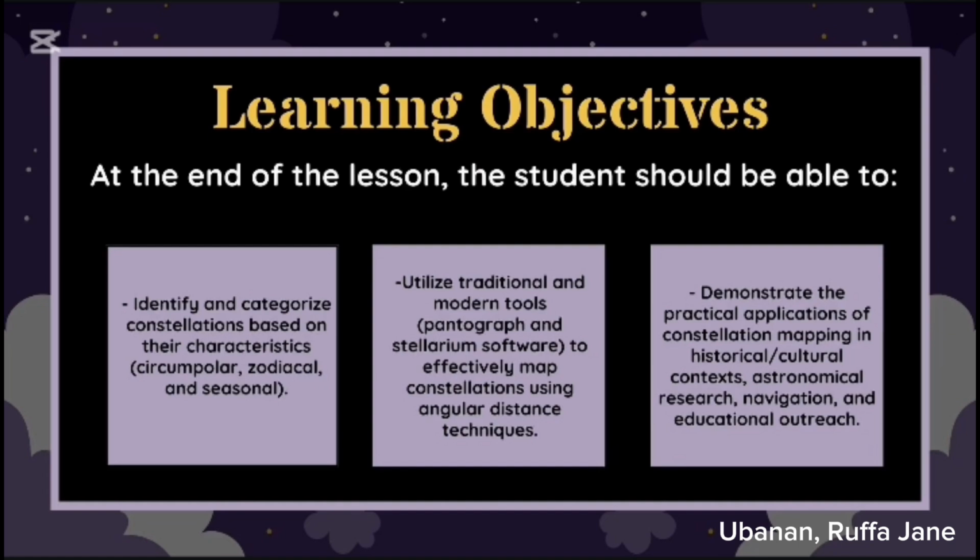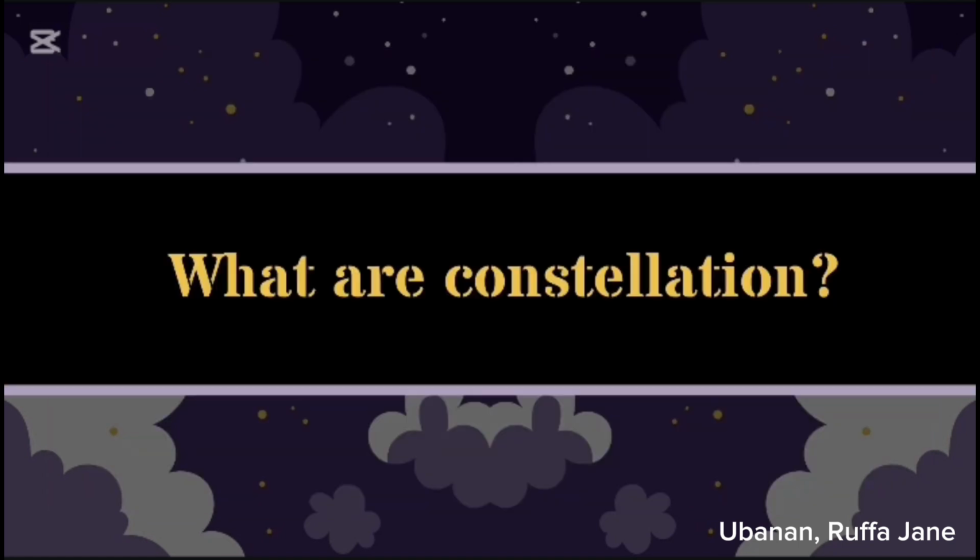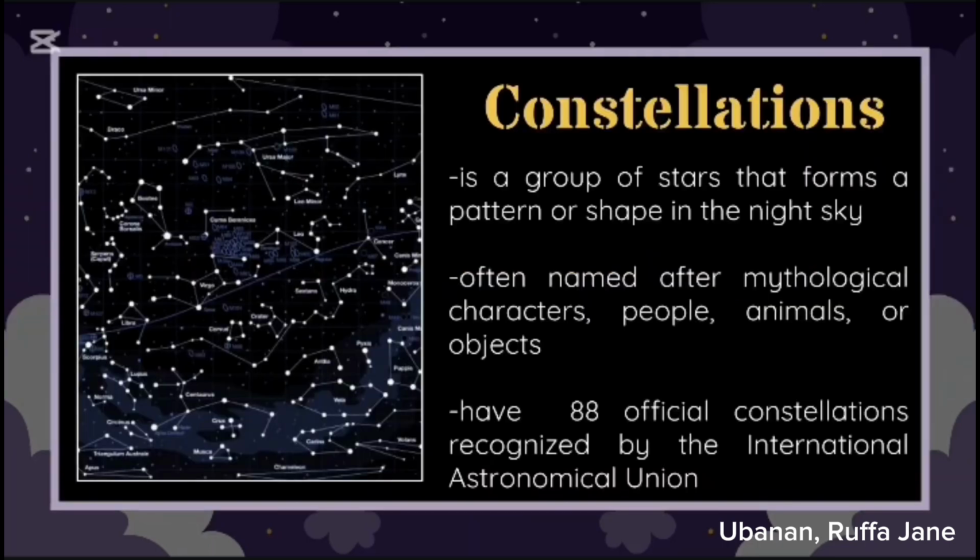Now, I have a question. What are constellations? A constellation is a group of stars that appear to form a pattern or shape in the night sky when viewed from Earth. These patterns are often named after mythological characters, people, animals, or objects.